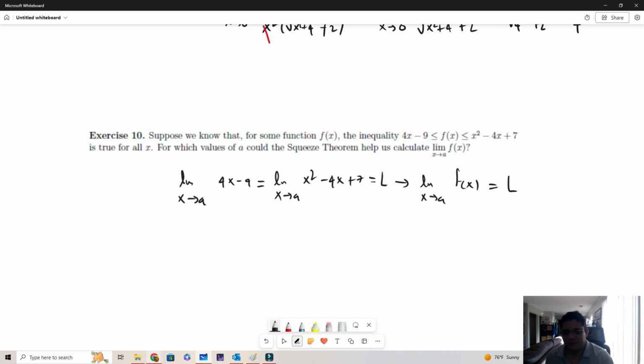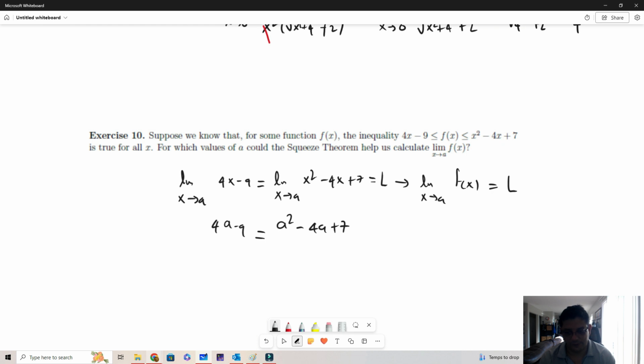But essentially what we're saying is, if these two limits have to be equal, then 4a minus 9 has to be equal to a squared minus 4a plus 7. So I'm establishing an equation that is going to give me certain values for which this is going to work.